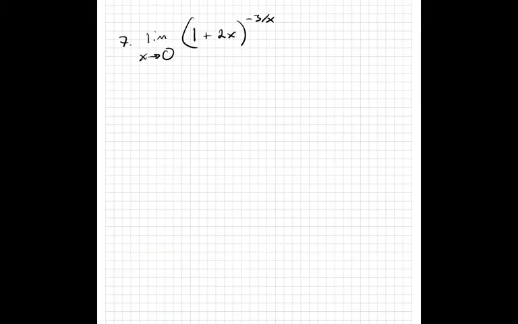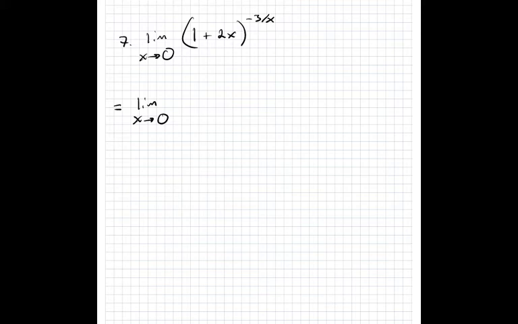I'm going to rewrite this using properties of exponents and logs. I'm going to rewrite this expression in the following way. This is going to be the same as the limit as x tends to 0 of.